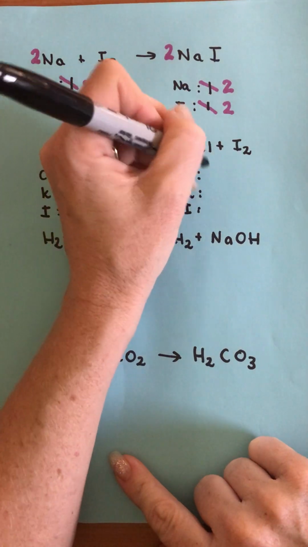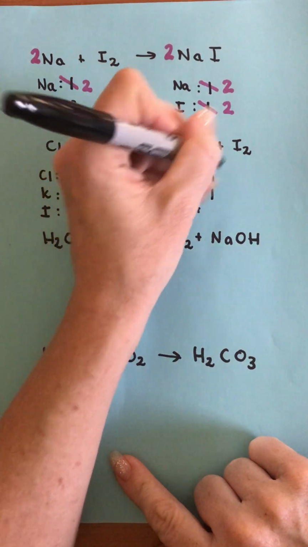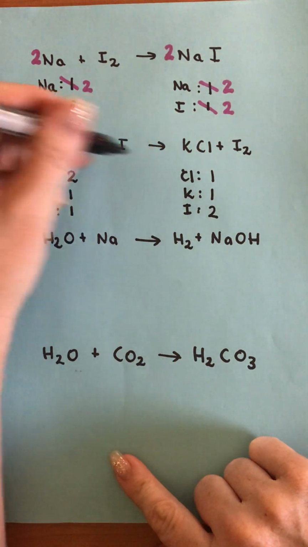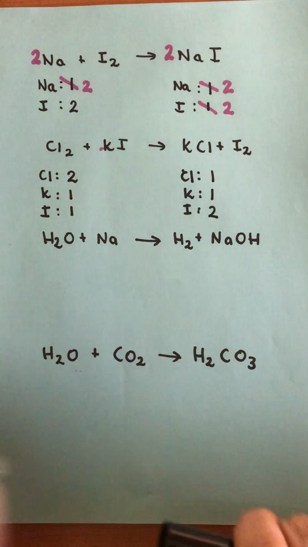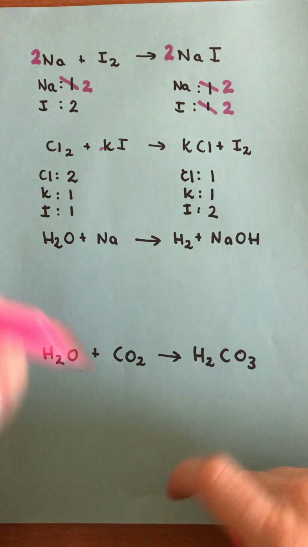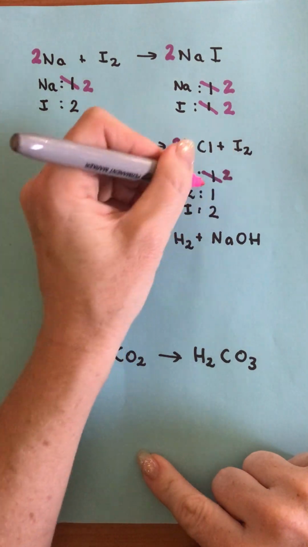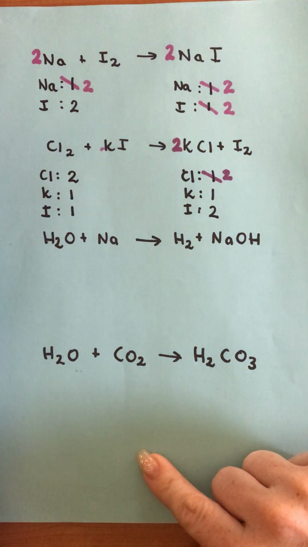Here I've got 1 chlorine, I've got 1 potassium, and I've got 2 iodine. So I need to have more of my chlorines, so I'm going to put a 2 in front here. That increases my chlorine to 2, and it also increases my potassium to 2.